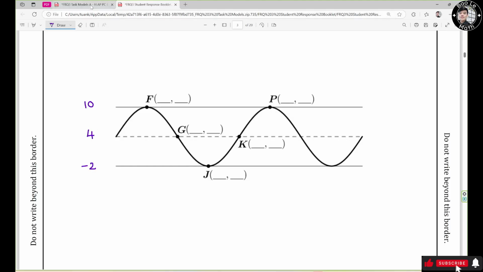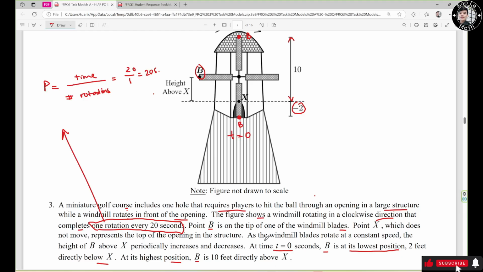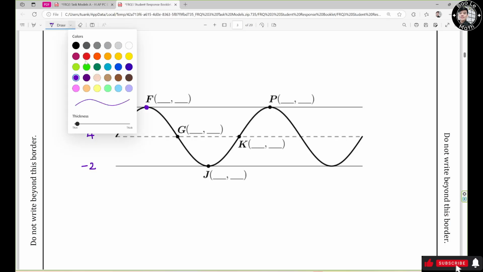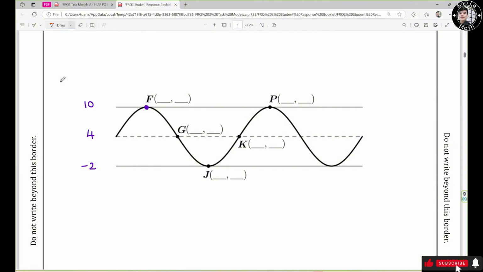Now, at time t equals 0 seconds, point B is at its lowest position. So point B is right here when t equals 0, right? Now we look at this one. This is the highest point, right? It's not the lowest point. So you need to extend this one to the left to see the graph clearly.